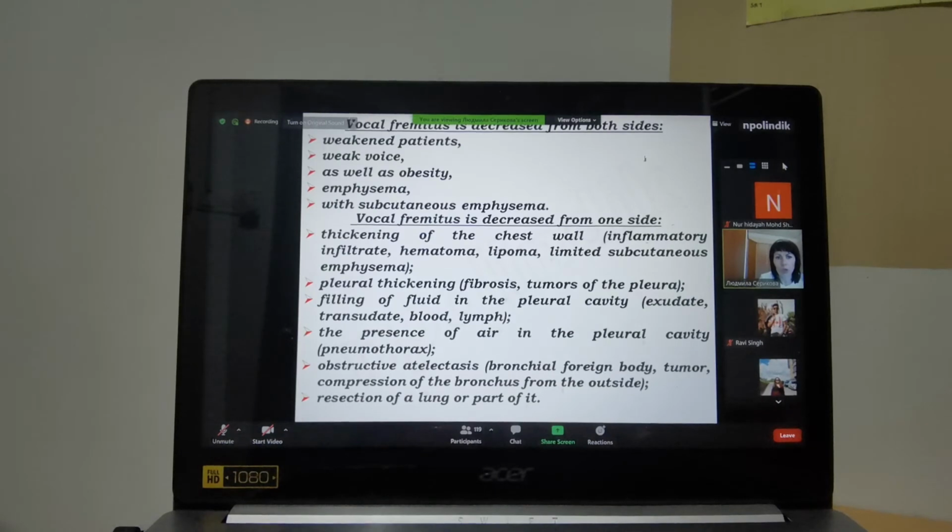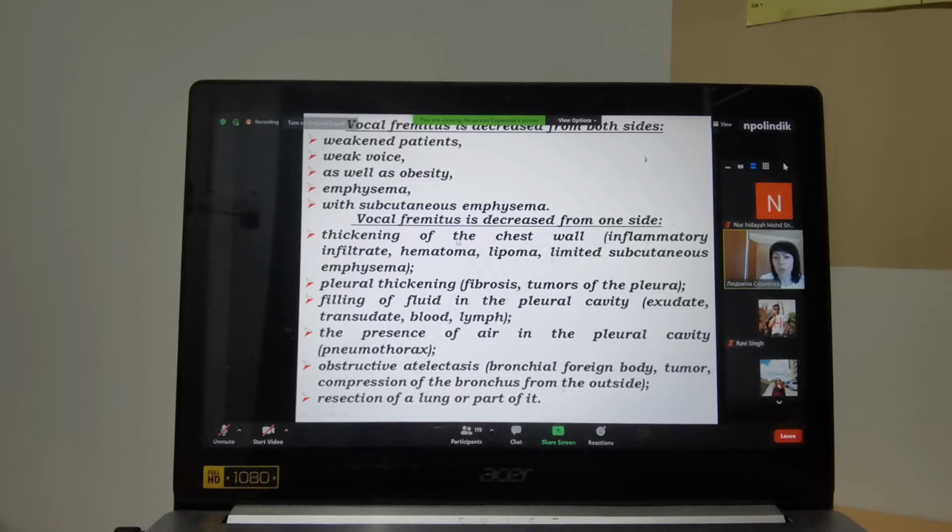And if you wish, here are written the causes of pathological weakening of the vocal fremitus. I have already explained some moments, because thickening of the chest wall, it depends on thickness.